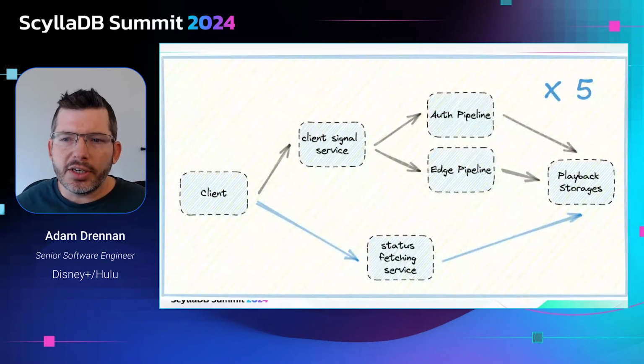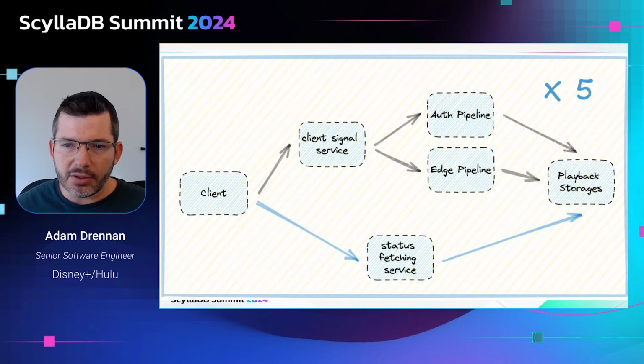So here's a simple architecture diagram for the system. The Disney Plus client sends heartbeat events every 30 seconds with the updated playhead position of the show. Then these events are sent into the underlying database. Note that the Edge pipeline loads events in the same region as the user, and the Authority pipeline combines events from all different regions.